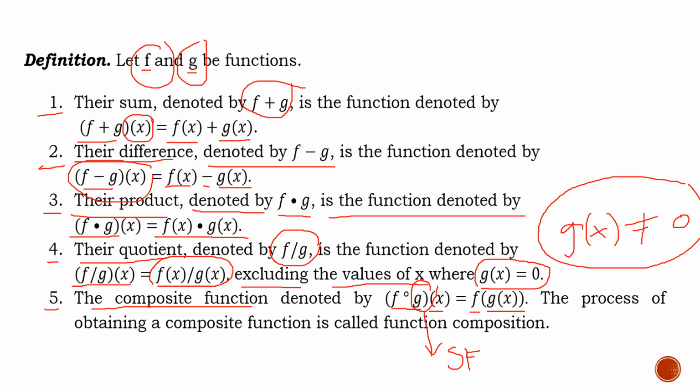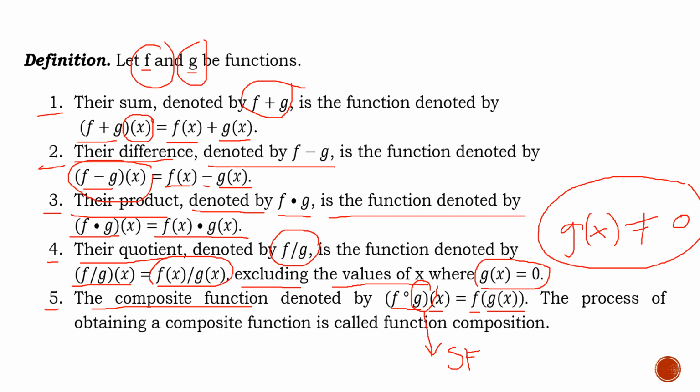Now, if this is g composite f, then f is your second function, meaning f will be the value of the x variable under g of x, which is your first function.